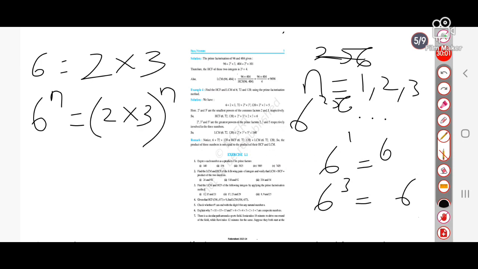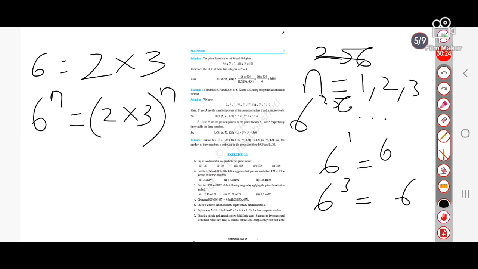They have given 6. We can write 6 as 2 cross 3. What they have given, 6 power n, again can be written as 2 cross 3 power n. Now the question is whether, by prime factorization, the number can end with the digit 0.